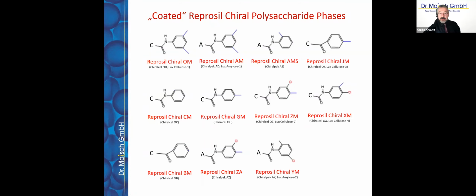And you see that we have a variety of stationary phases, and I have also put the names of those phases from DiCell and from Phenomenex, which are alternatives to these stationary phases.